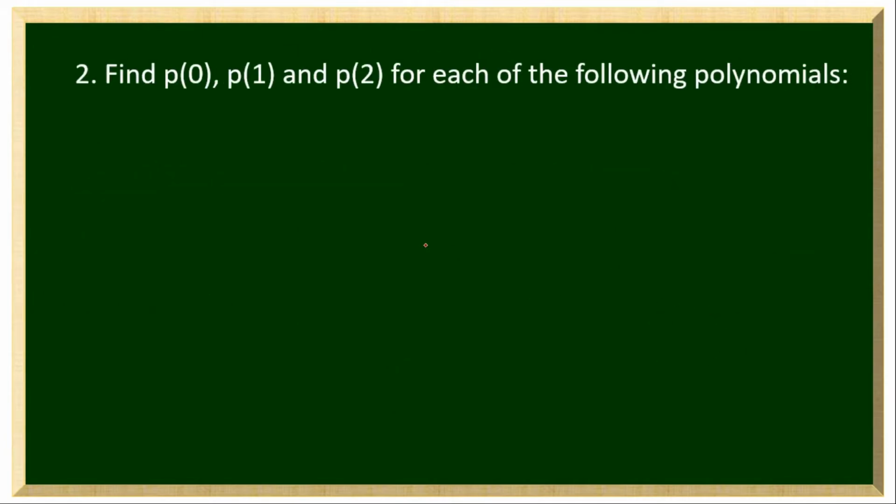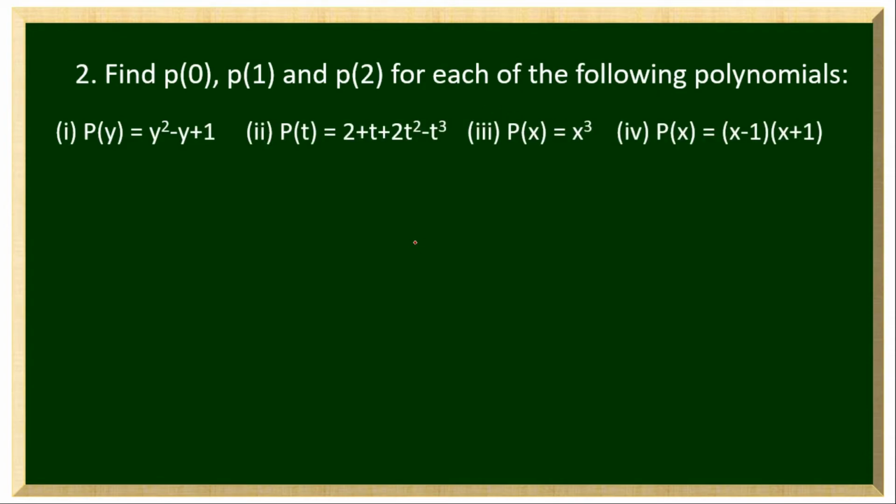Right. Next. Find p of 0, p of 1 and p of 2 for each of the following polynomials. Here we have to find p of 0. p of 0 equal to 0 square minus 0 plus 1. So 0 square value is 0, minus 0 plus 1. 0 minus 0, 0, 0 plus 1, 1 only.